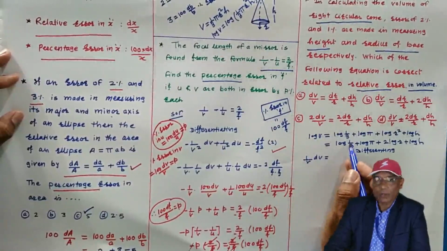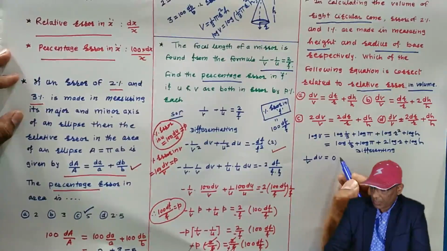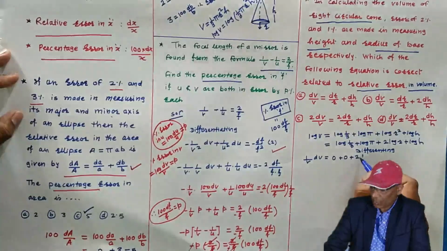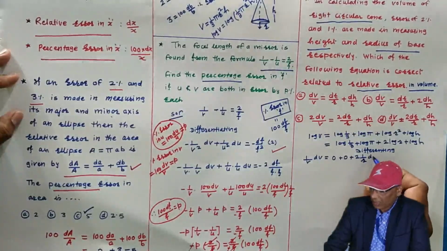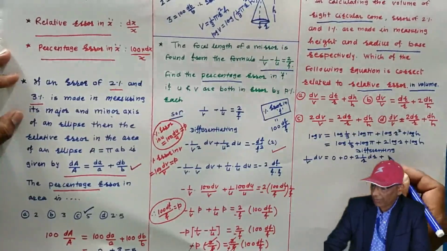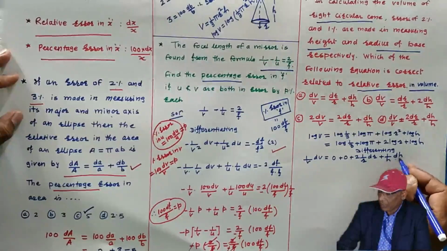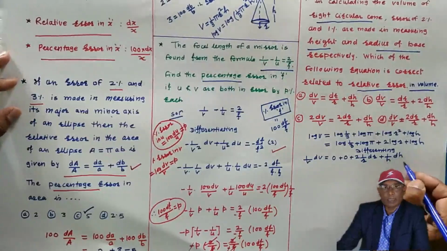If you differentiate log 1 by 3, it is constant, so its derivative is 0. Derivative of log pi, which is constant, is 0. 2 is a multiplicative constant, the derivative of log r is 1 by r dr, and the derivative of log h is 1 by h dh. Here, height and radius are variables.